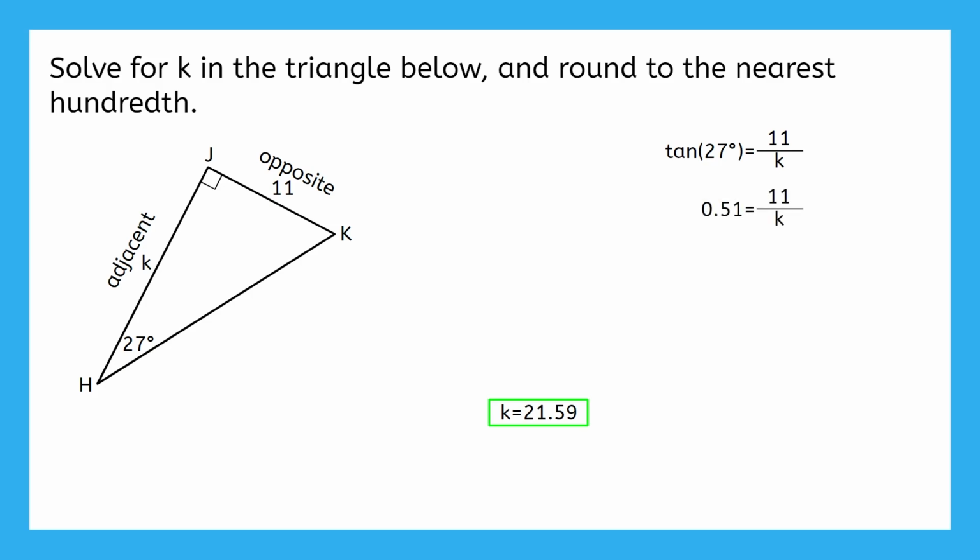If I substitute this into my equation and then solve for k, and then round my answer to the nearest hundredth, I would get a final answer of 21.57 instead of 21.59. That might seem like an incredibly small difference, but these differences can get bigger and bigger as your calculations get more complex, and we always want to be as accurate as possible. This is why we solve for the variable first before putting anything into a calculator.